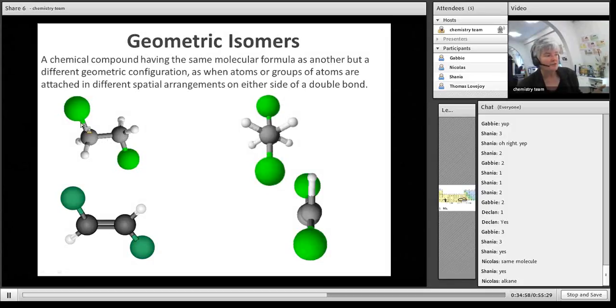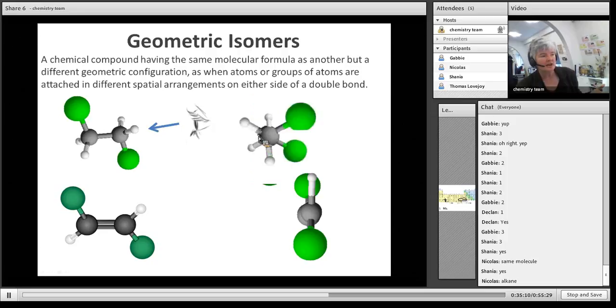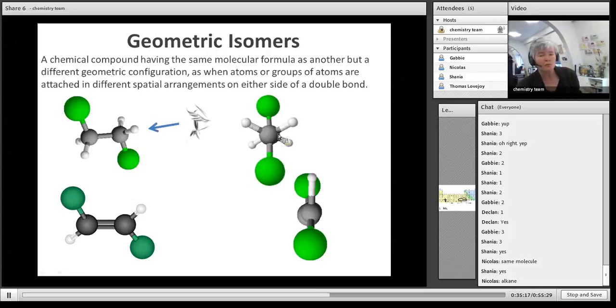And if I view it looking straight on between the carbons, so you can't actually see the other carbon behind it, this would be your view. And can you see, if I rotated those around, I'd get back to the same one. The whole point is that that bond can rotate.